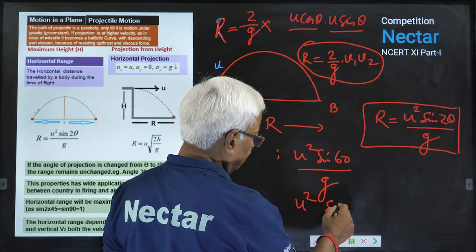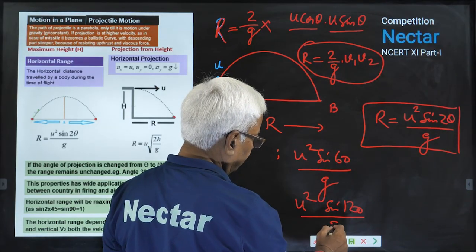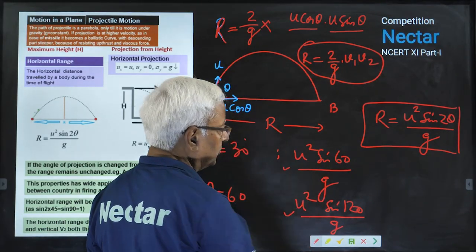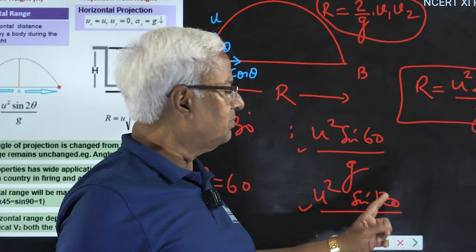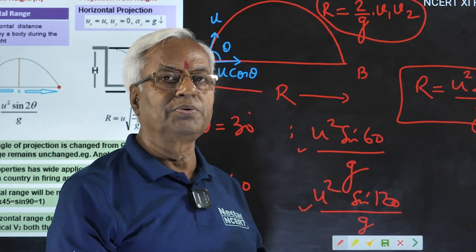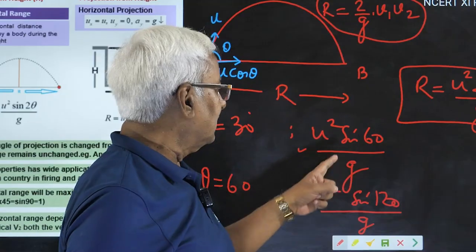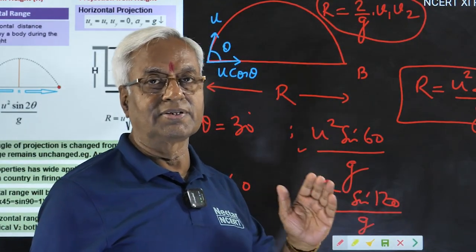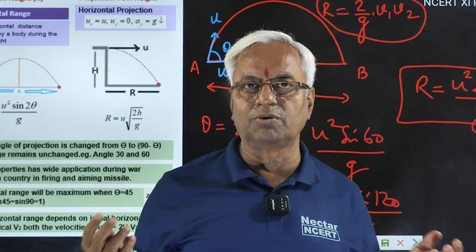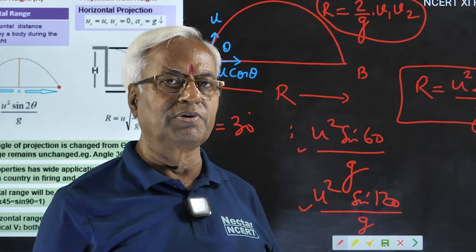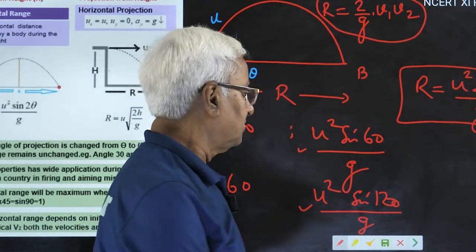You see, in both cases you have these two values for range, and you know sine 60 and sine 120 have the same value, root 3 by 2. Better to say that both are the same. Let's conclude. If the angle of projection is 30 degree or 60 degree, range will be the same in either case.